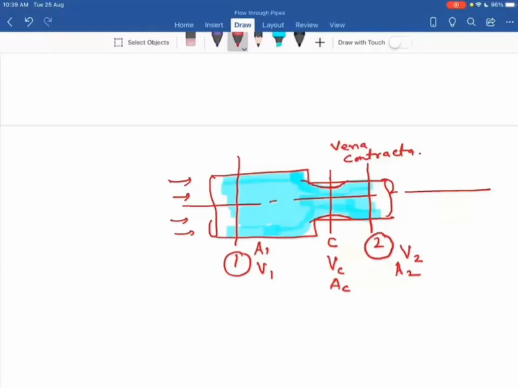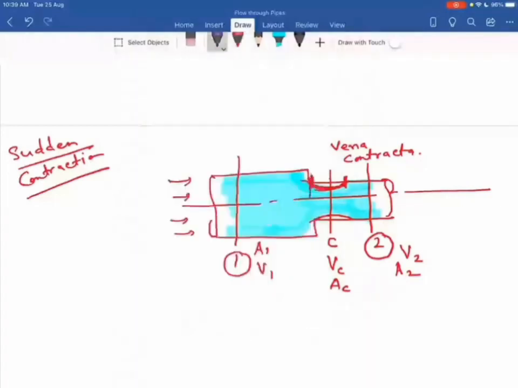Now the main concept I use here to find out the minor loss due to sudden contraction is that when liquid comes out, at this section I can divide this portion into two parts.